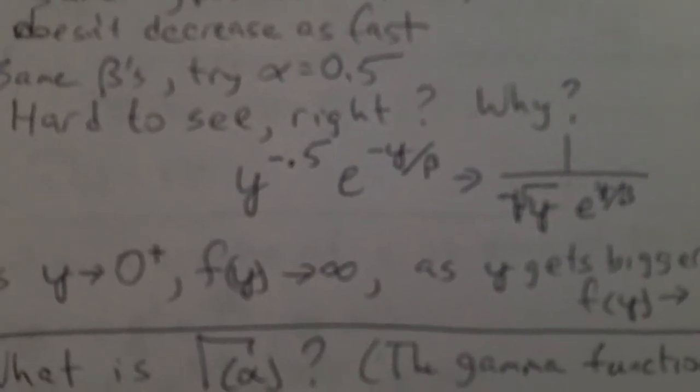Okay, so what I've asked you to do is to go ahead and enter 0.05 for the value of alpha and see what happens with the density function. So there's a little explanation there for you to follow.